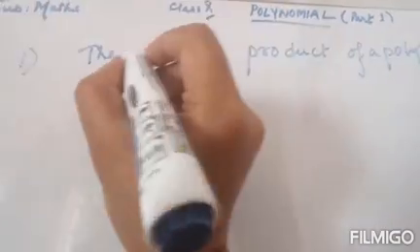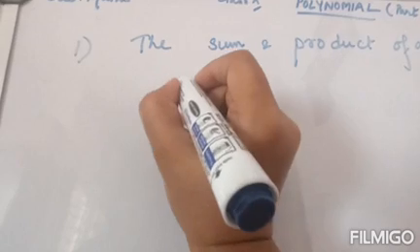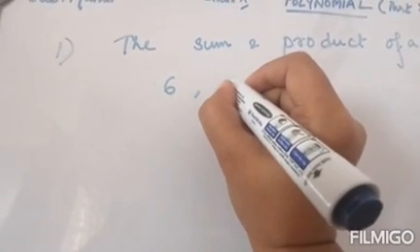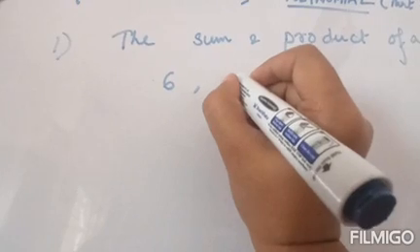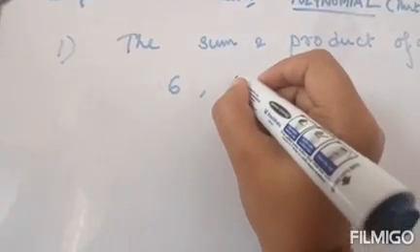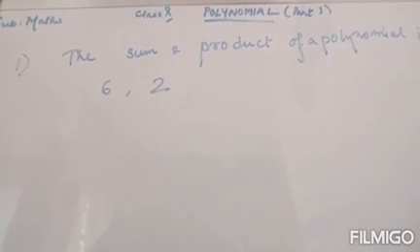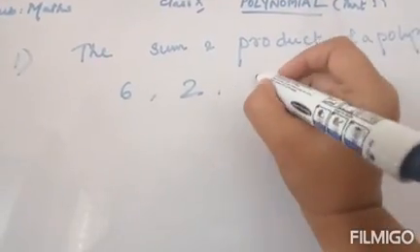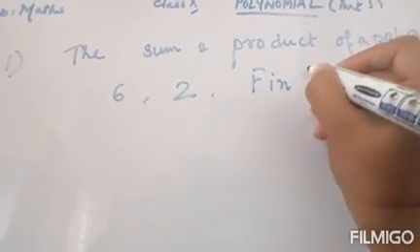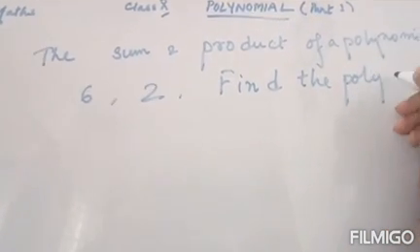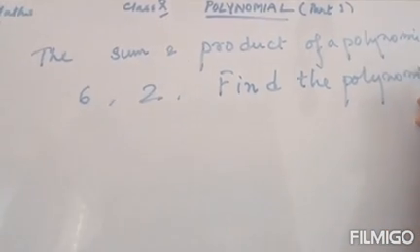Suppose the sum is 6 and the product may be 2, okay, 6 and 2. You are asked to find the polynomial. How will you do this type of problem?